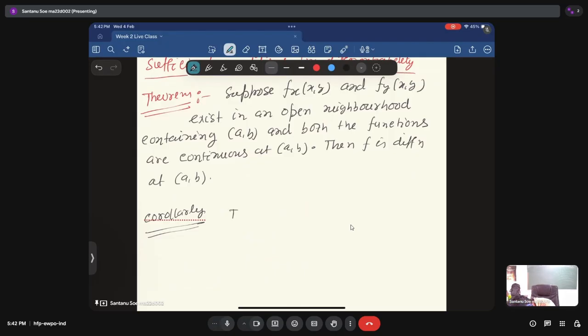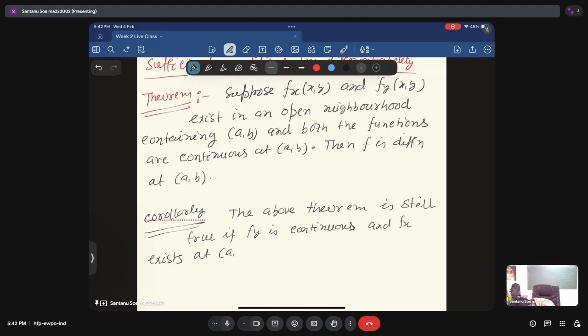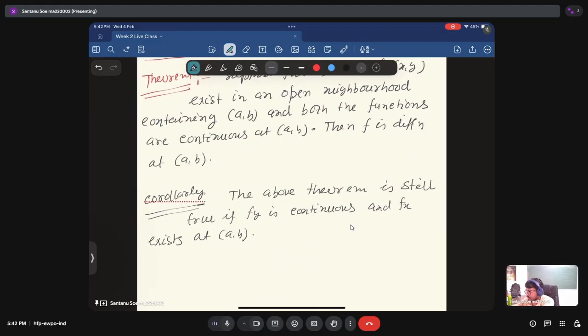So the above theorem is still true if fy is continuous and fx exists at (a,b). Okay, so this is called sufficient condition for differentiability.